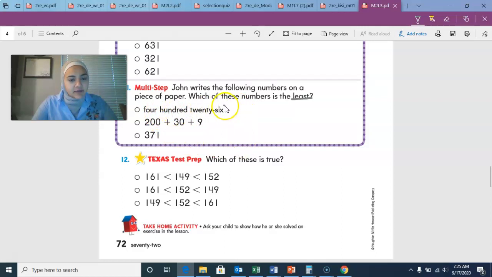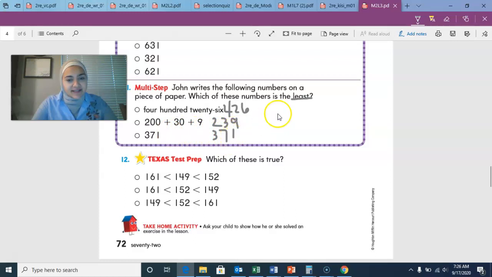So how many hundreds? There's 400. And then 26. So that's 426. That's numeral form. That's how the normal number would look. And then this one is in expanded form. We're going to write it in numeral form. 200 plus 30 is 230 plus 9 is 239. This one's already written in numeral form, 371.